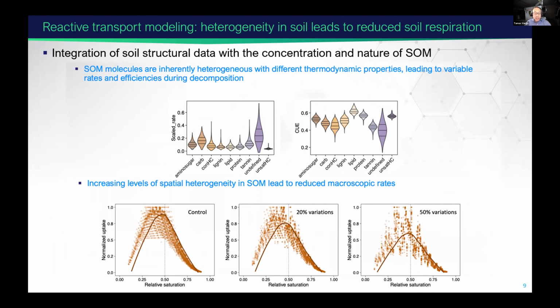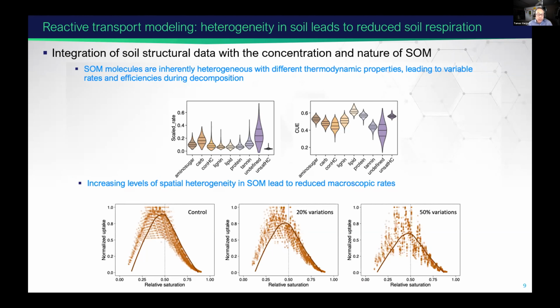And this is just a slide to show the type of information we consider for reactive transport modeling. In addition to the structure, the pore scale information, we also input the FTICR-MS-based chemical information, so we can see how, for example, the heterogeneity of the soil affects the composition of the organic matter.